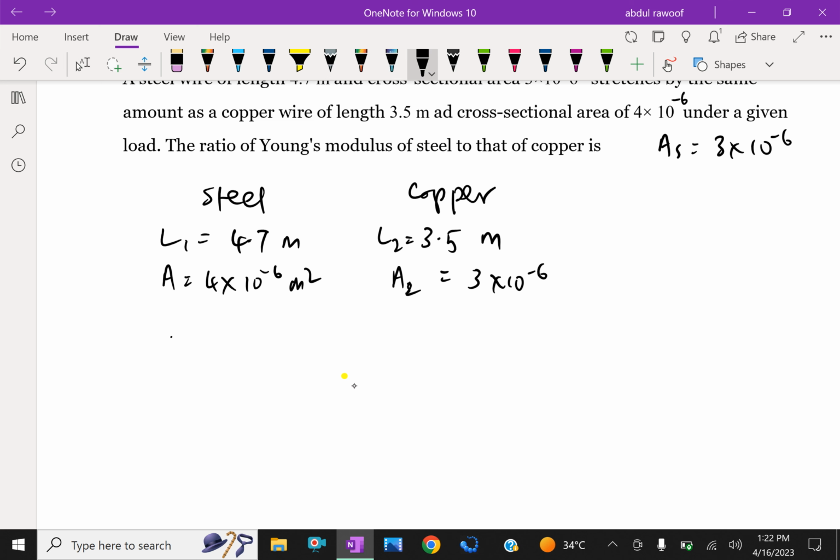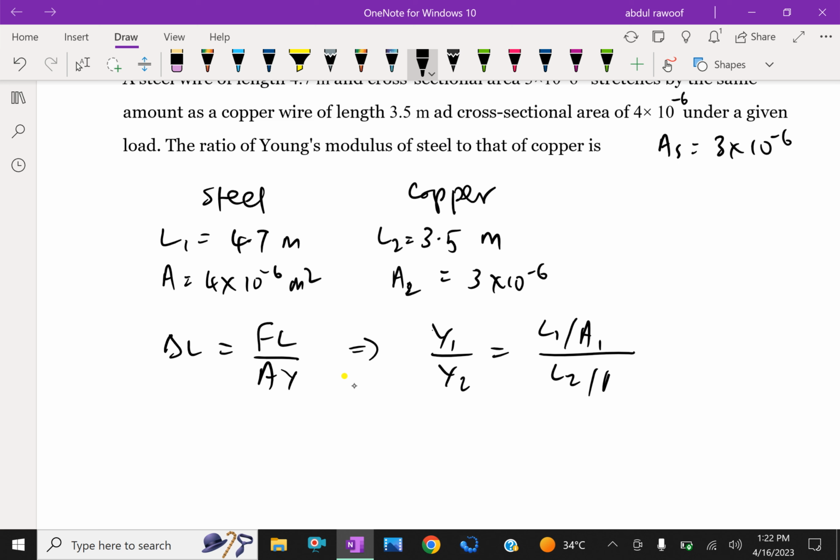We know that delta L equals FL by A Y. Therefore, from this, the ratio Y1 by Y2 equal L1 by A1 over L2 by A2.